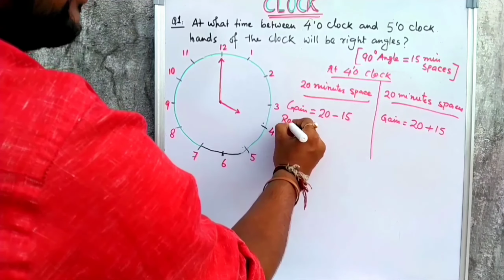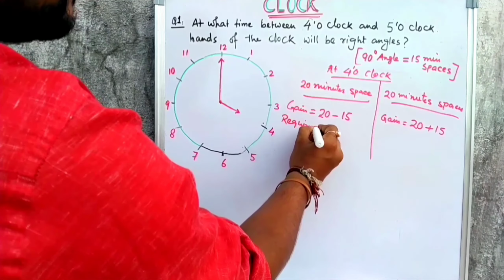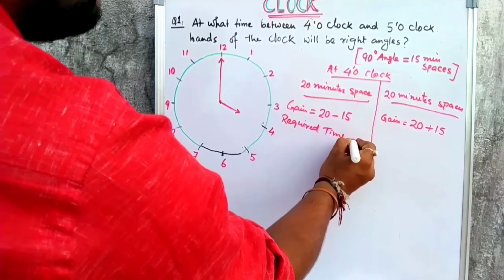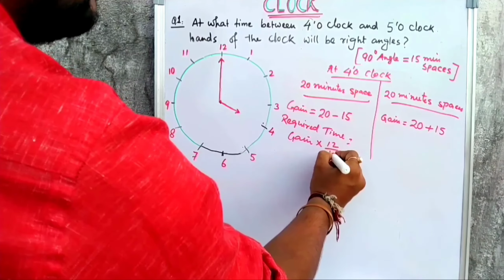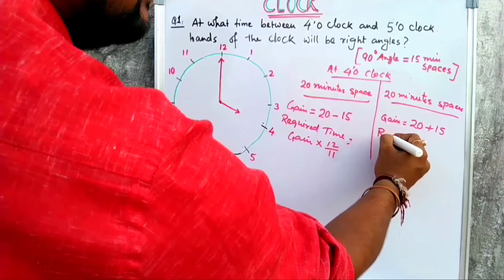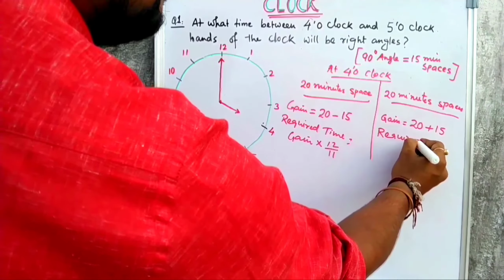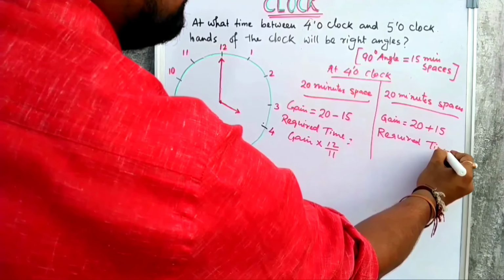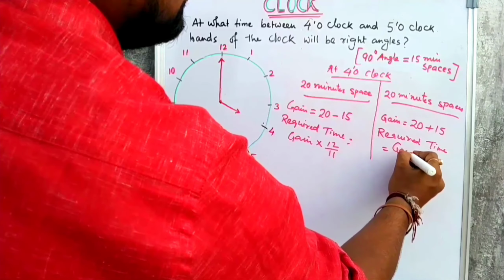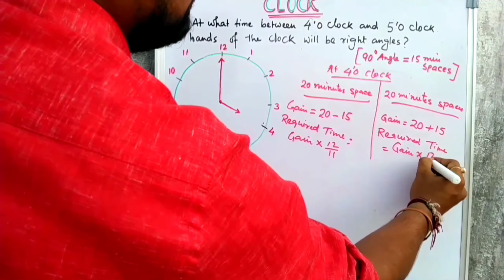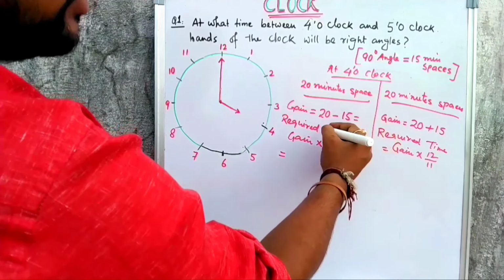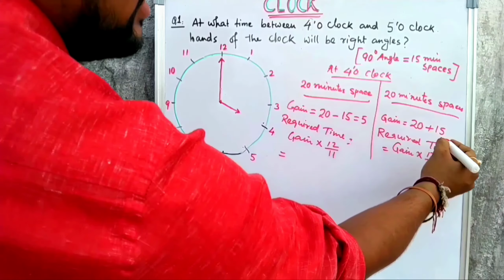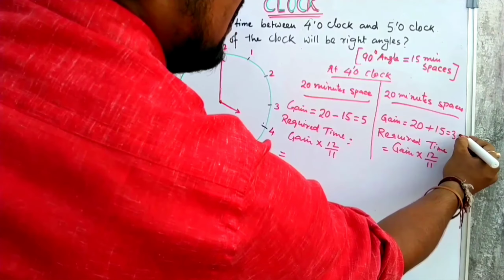Now the required time formula, as you know: required time equals gain multiplied by 12 by 11. Similarly here also, required time equals gain multiplied by 12 by 11. Now the gain here is 20 minus 15, which is 5, and here 20 plus 15, which is 35.